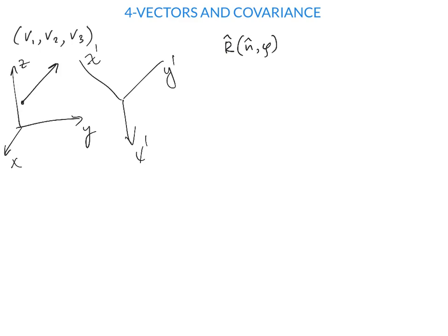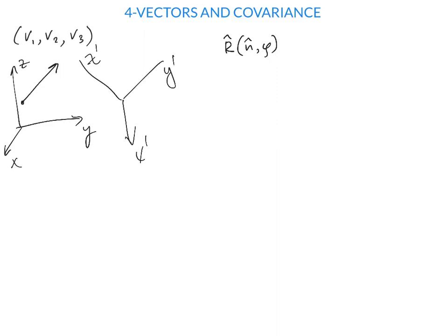So those are the parameters of the rotation, or you can specify it using Euler angles. Either way, there are 3 components. And then those matrices act on 3-dimensional vectors.